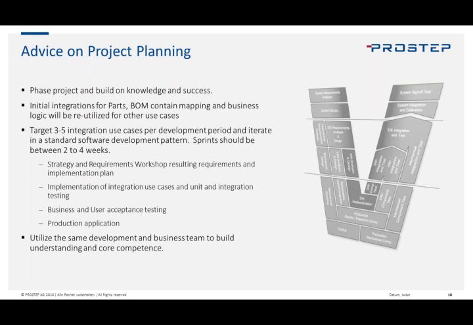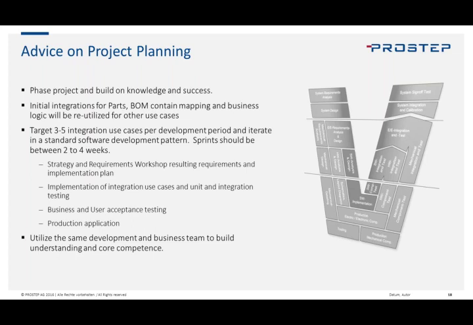So start with the strategy or requirements workshop, get everybody aligned, and then come up with a requirements and implementation document. Or it could be you're using a task system like Jira or another software system.